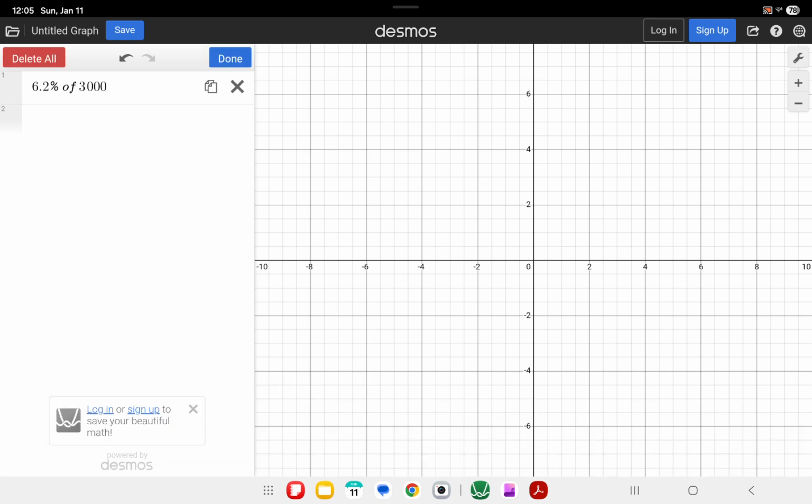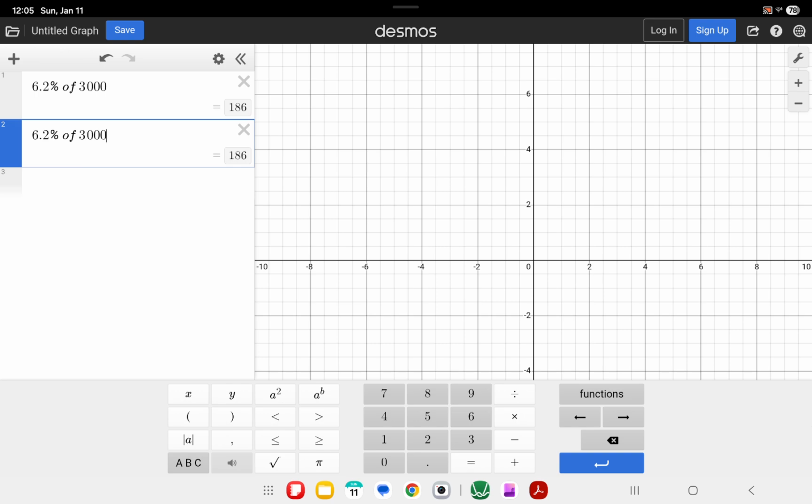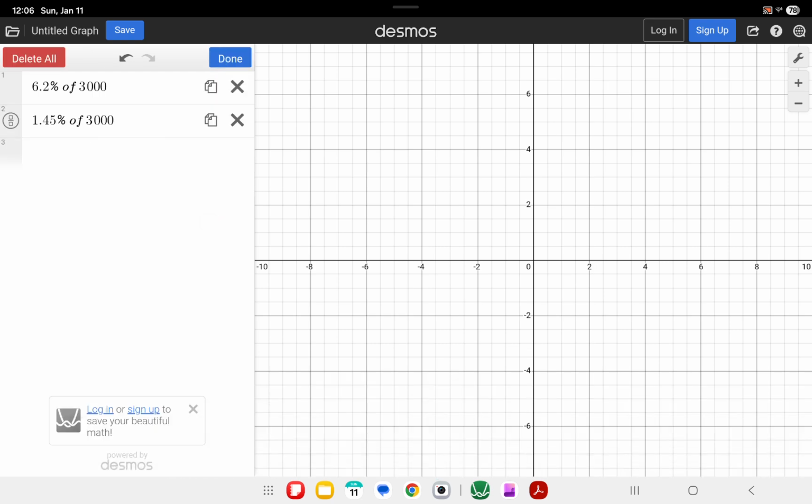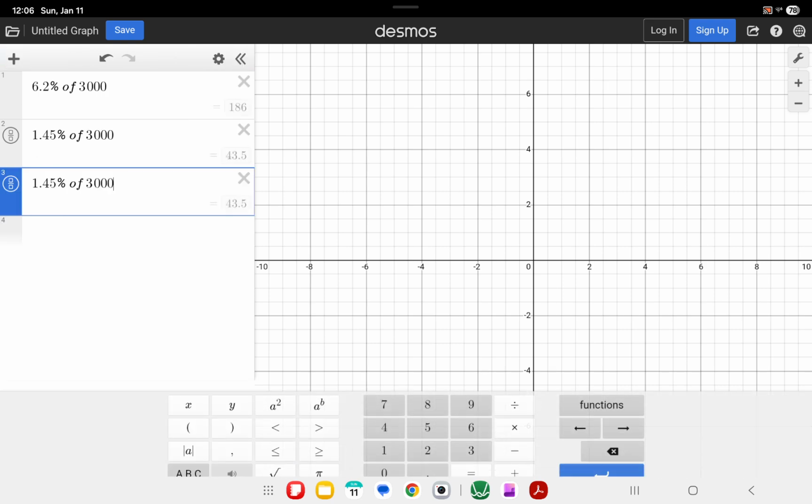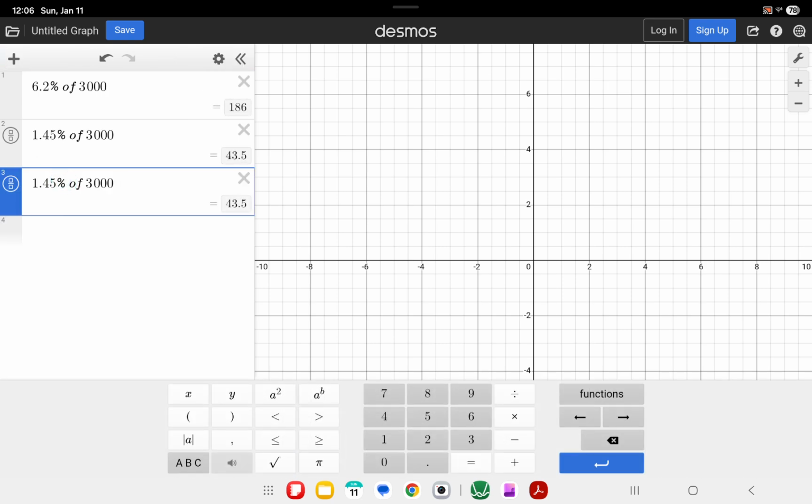Okay, I'm going to just go ahead and duplicate this. Then all I have to do is change my percentages. So my next one is 1.45. Okay, and then we're going to duplicate that again. And it was 5% of 3,000.